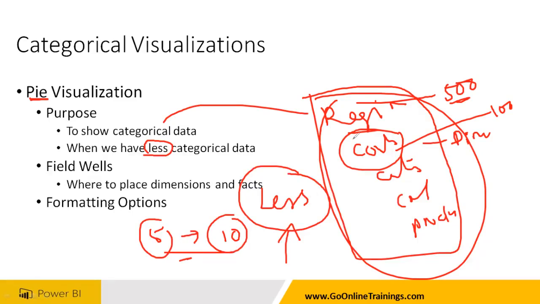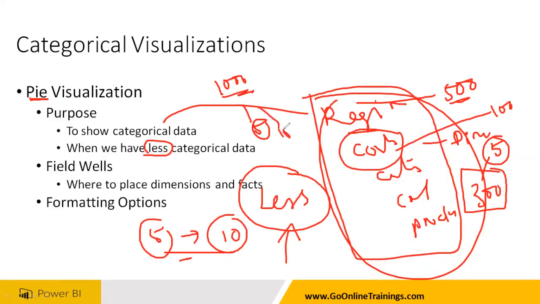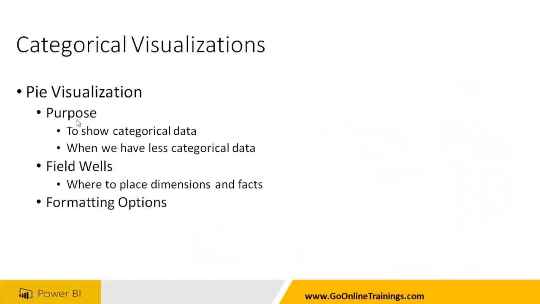For example, I have 300 products, but out of them I want to know the top 5 products by sales. Or I have thousands of countries or cities available, and I want to show the top 5 or top 10 cities by sales. So we are showing only a little amount of data. That is when we use this.